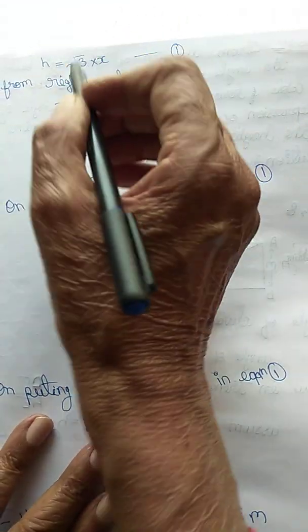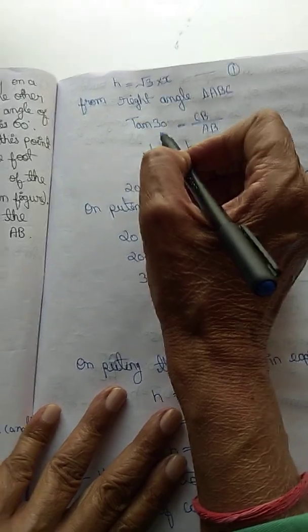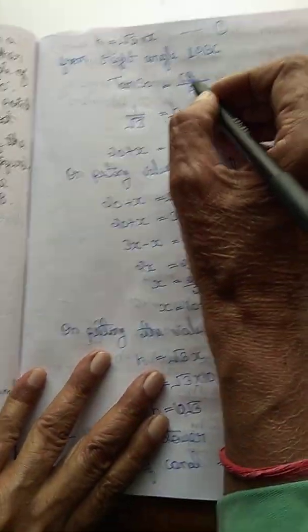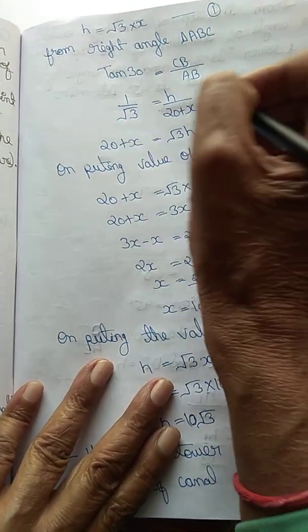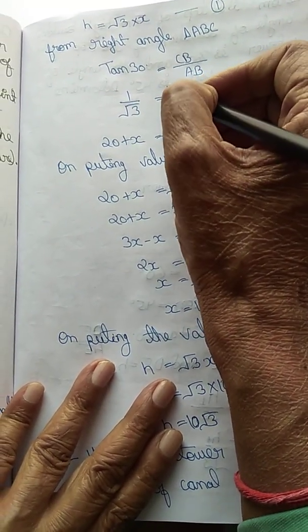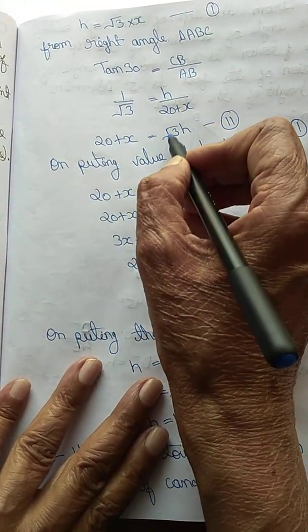Now from the other right angle triangle ABC, tan 30 is equal to CB upon AB. Tan 30 is 1 upon root 3. It becomes h upon 20 plus x. 20 plus x is equal to root 3h.